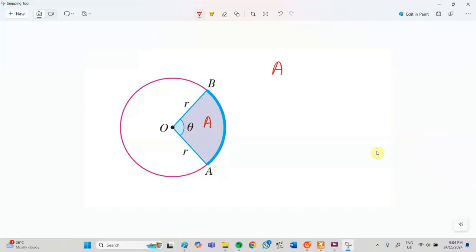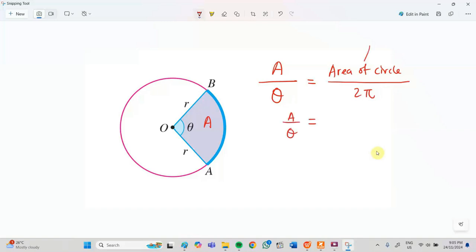So A, the minor sector OAB, is proportional to the angle subtended at the center, so A over theta is equal to the area of the whole circle over the angle of one whole turn, again, which is 360. And again, since we are going to write this in the radian form, 360 is represented by 2 pi radian.